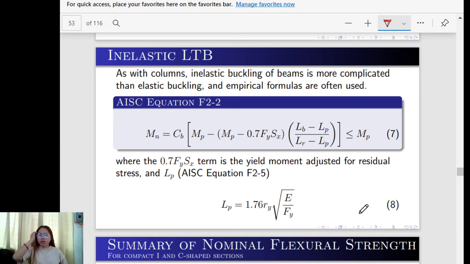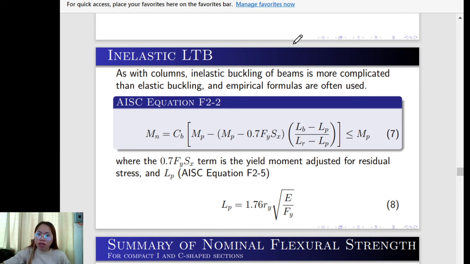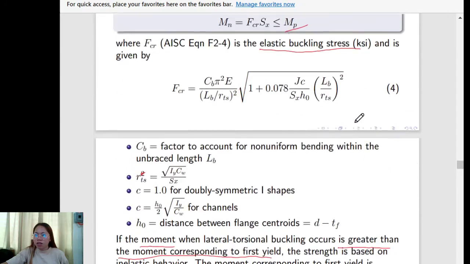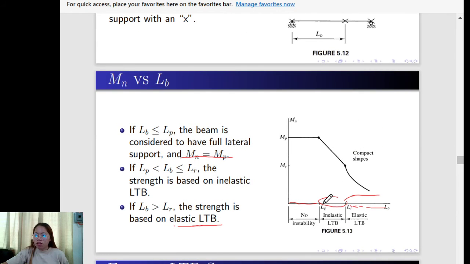Now, inelastic lateral torsional buckling. As with columns, inelastic buckling of beams is more complicated than elastic buckling, and empirical formulas are often used. For inelastic lateral torsional buckling, that is between this range, no?